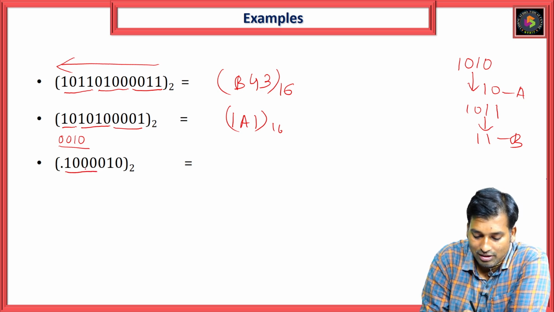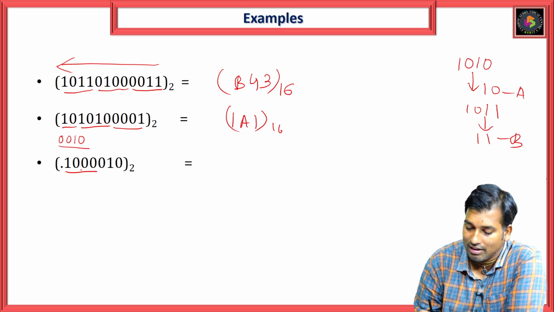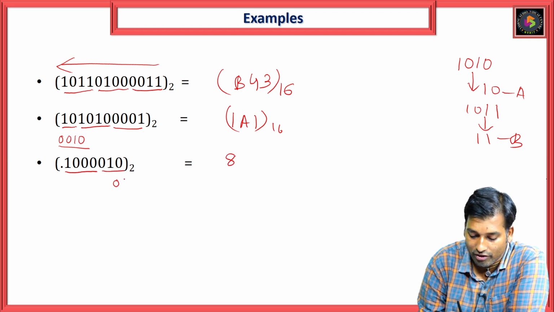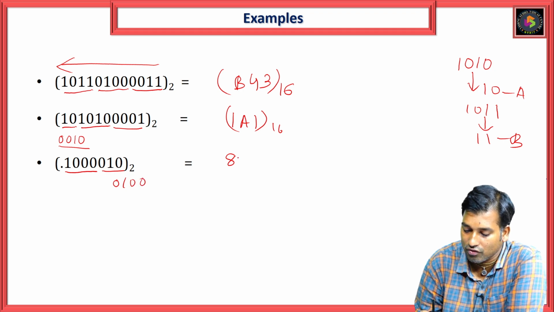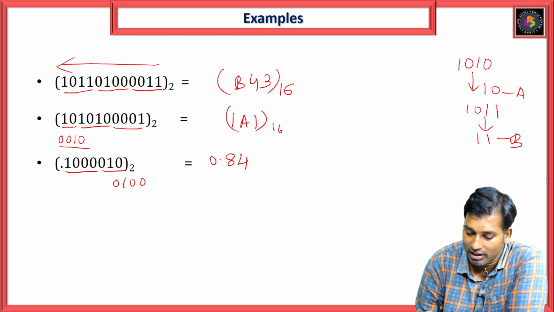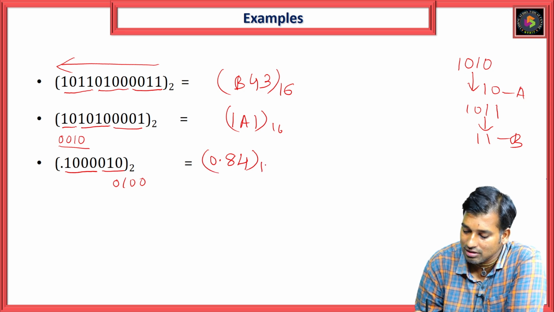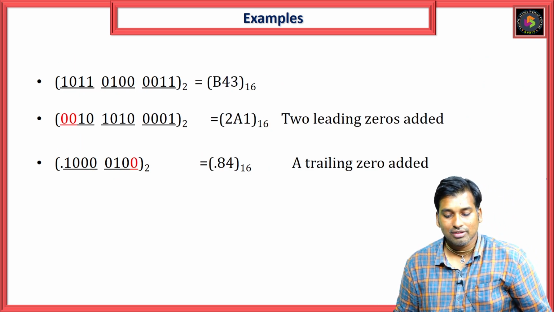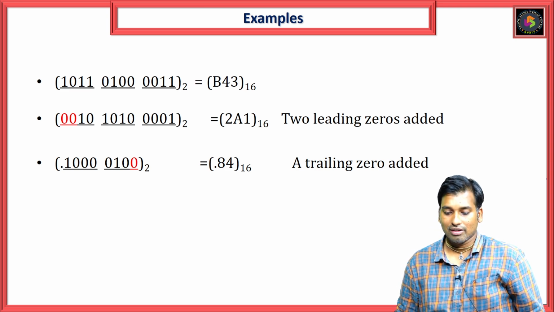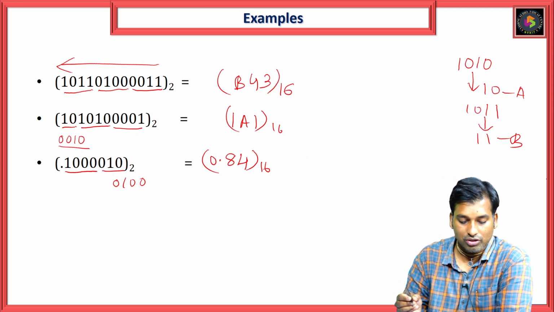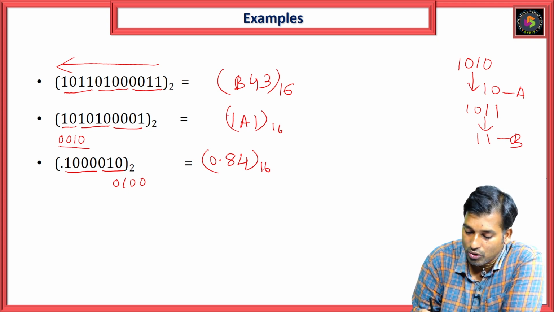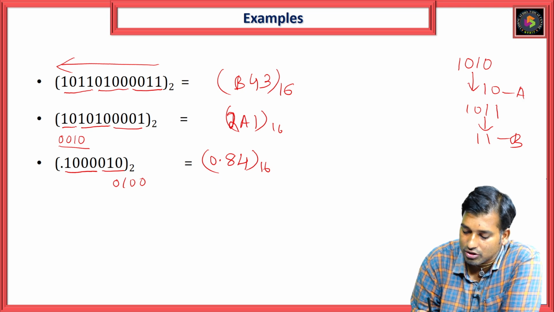First 4 bits, 1000 is nothing but 8, and we have to add one more 0, this is 4. This is 0.84 base 16. You can see here, this is how we calculated. So there is a mistake here. This 0010 is nothing but 2. It's not 1, it's 2.